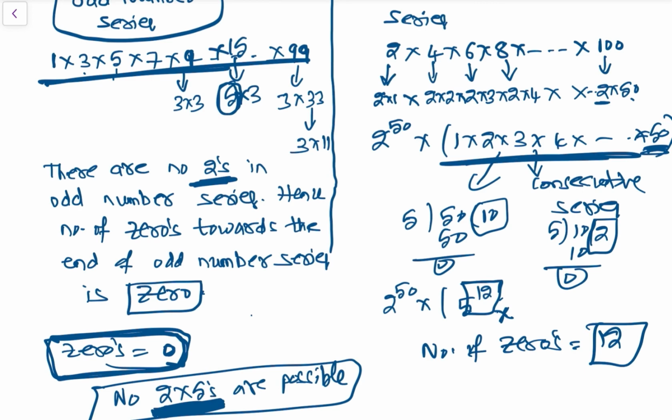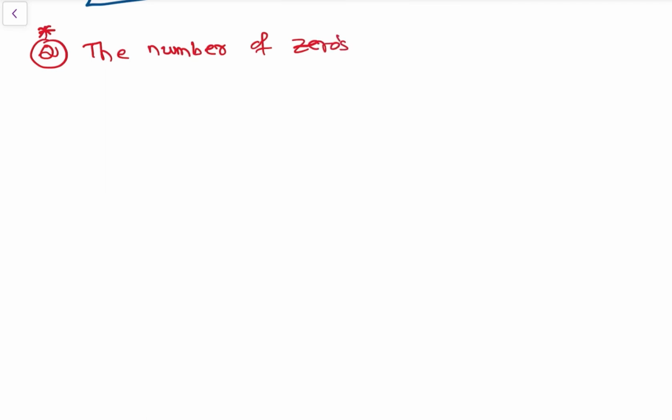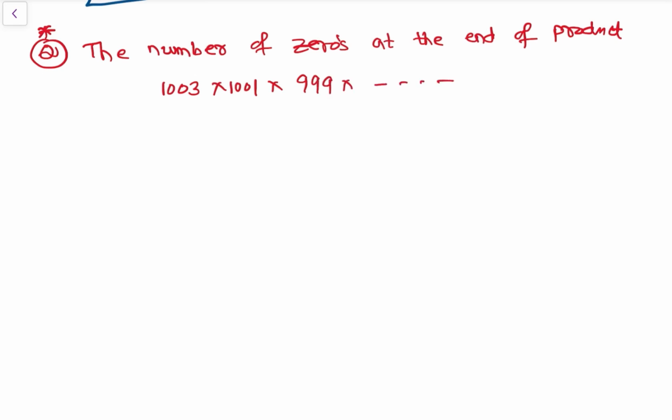So let's do a question. Let's note down this question, an important question, asked in some exam. The number of zeros at the end of the product 1003 into 1001 into 999 into so on into 123 is, ठीक है.